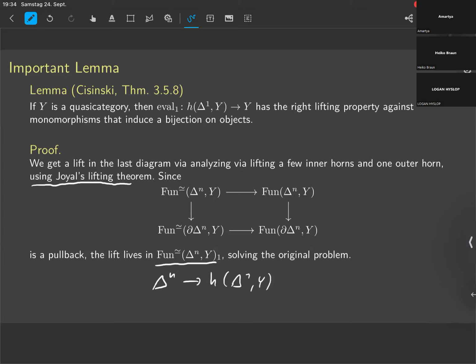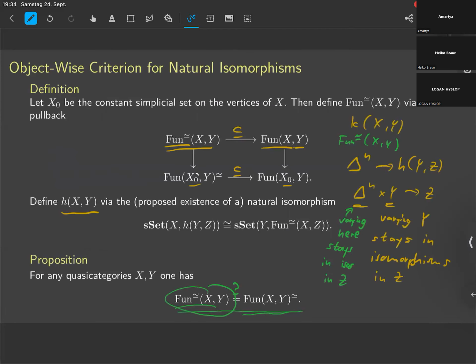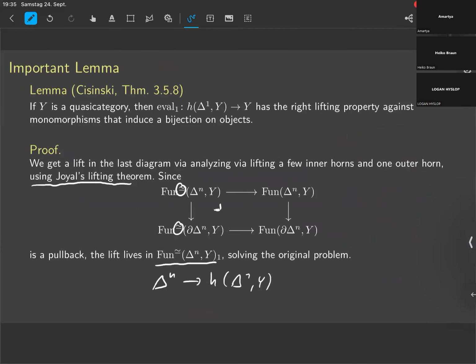Yeah, and why does this hold? This comes from this diagram here being a pullback. Namely, why is it a pullback? The definition of this core is, when we go back, defined by restricting to the zero simplices and taking a pullback. And then you can use pullback pasting to see that actually the diagram we see here is a pullback as well.